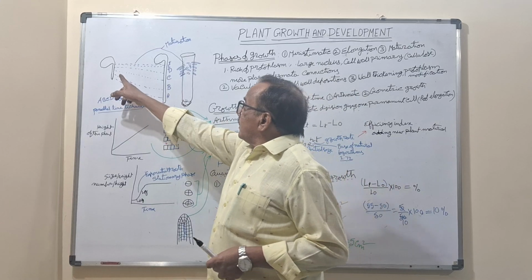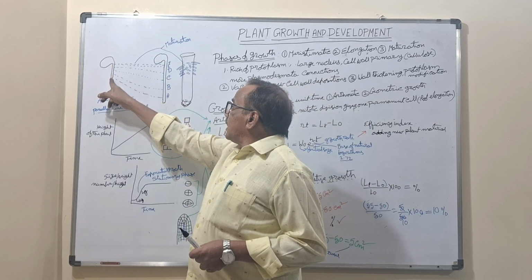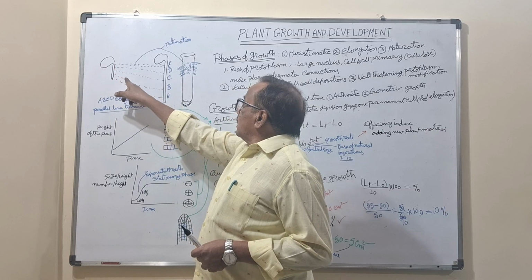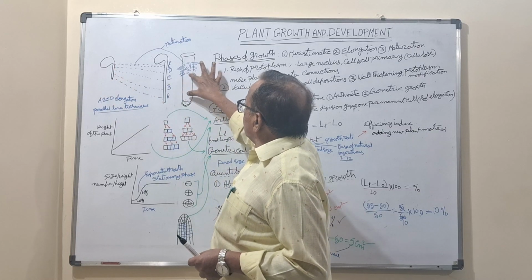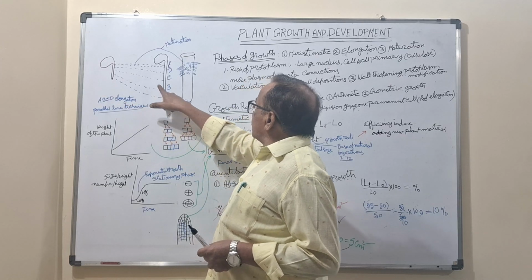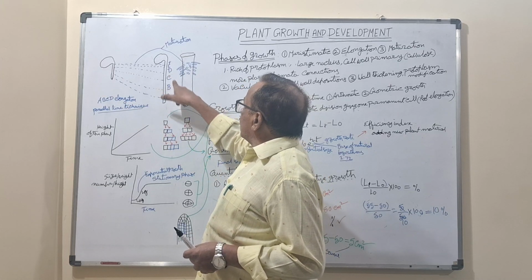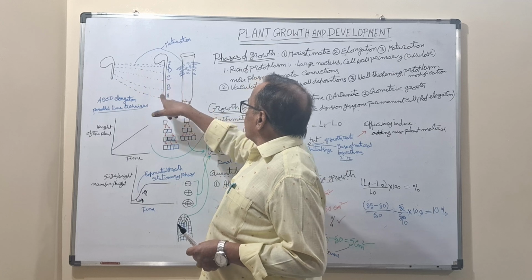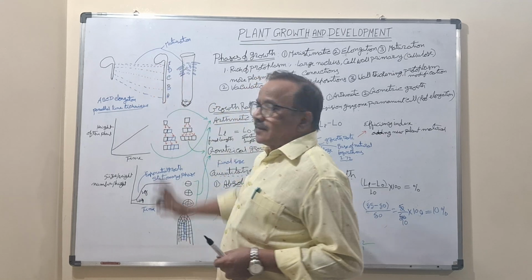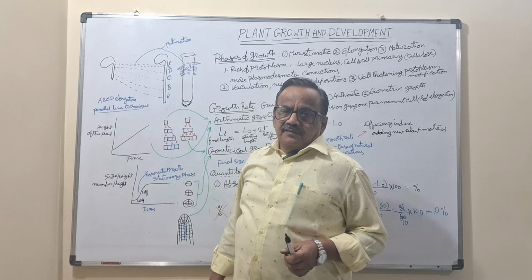And here he has given, this is the radicle that has come out and it is growing, and this is the elongation zone. Elongation zone, see, a small thing will become big. From A, B, C, D up to here, it is the elongation zone. And here it is not elongating much, E and F. That is the thing.